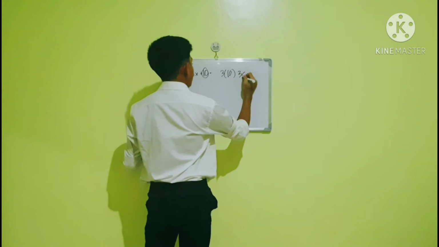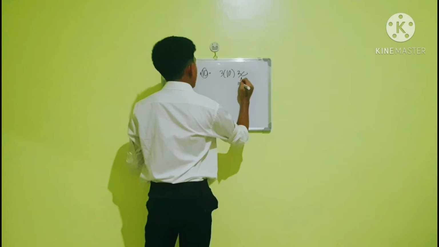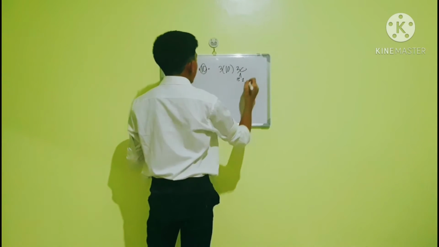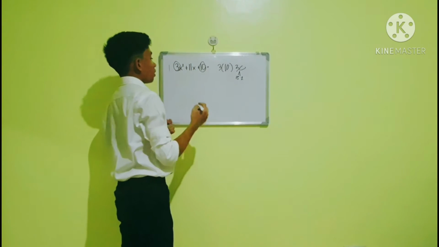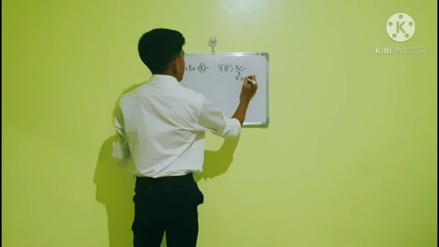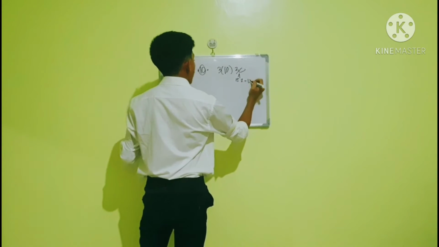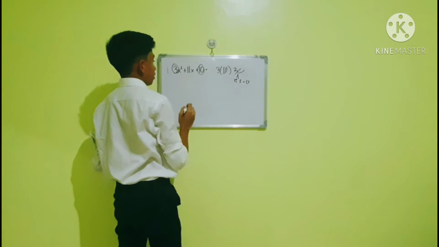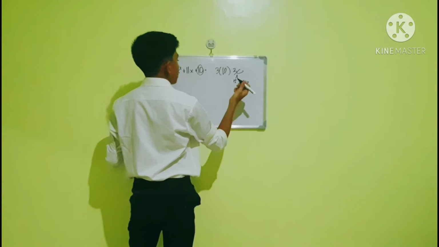Here's the first pair: 15 and 2. 15 times 2 is 30, but if you add them, it will be 17. And 17 is not the middle term, so this pair is wrong.